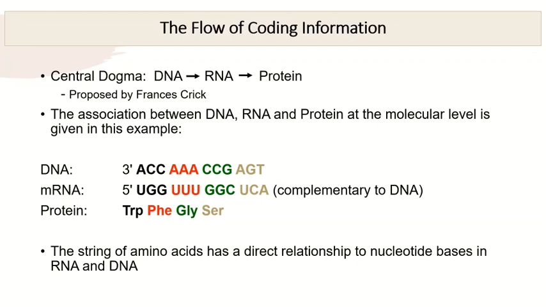The string of amino acids has a direct relationship to the nucleotide bases in RNA and DNA, so any mistake in DNA will create an error in the mRNA and also an error in the protein.